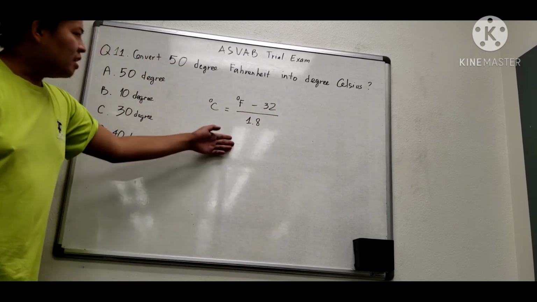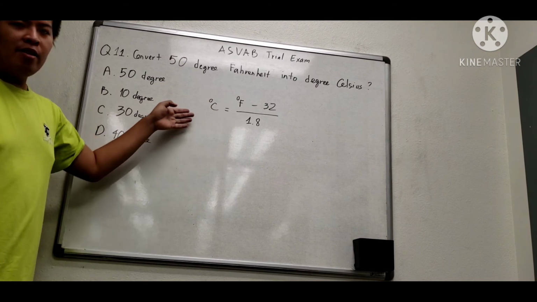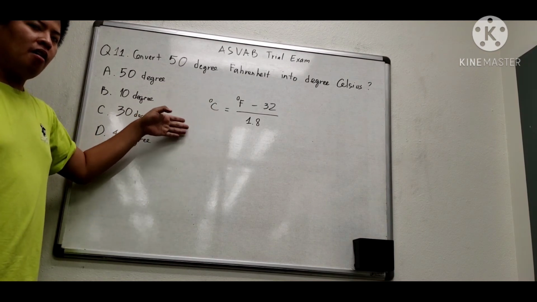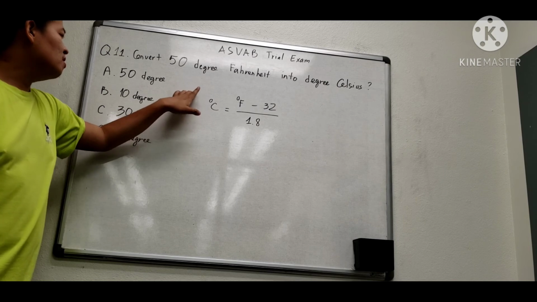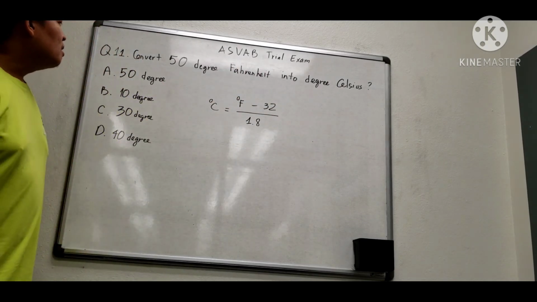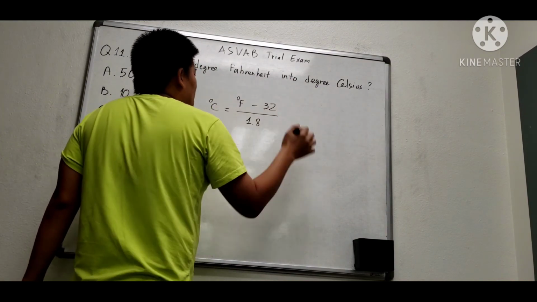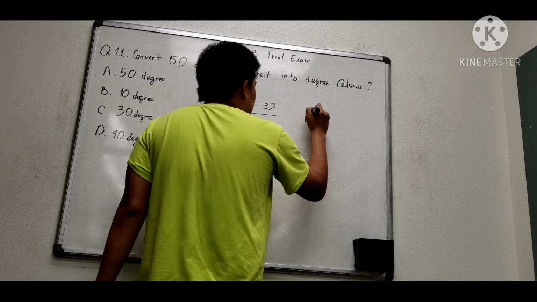This is the formula to convert from Fahrenheit to Celsius. You should remember this formula because on the ASVAB test they have you convert Fahrenheit to Celsius or Celsius to Fahrenheit.